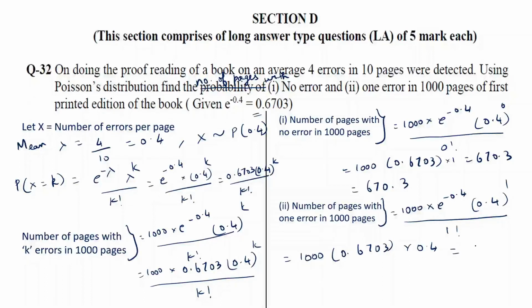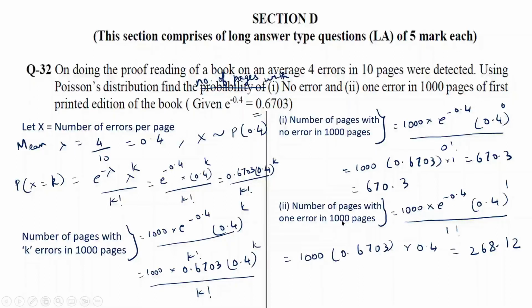So this, when we simplify, we get it as 268.12. So here we have approximately 670 pages with no error, and approximately 268 pages with 1 error in 1000 pages.